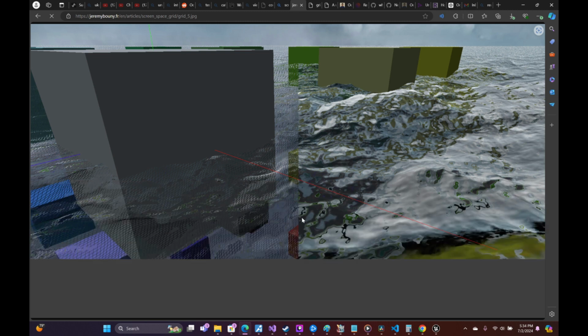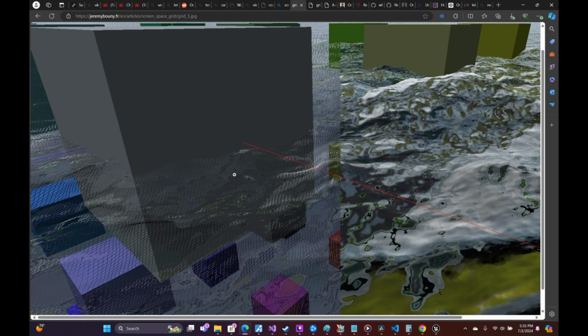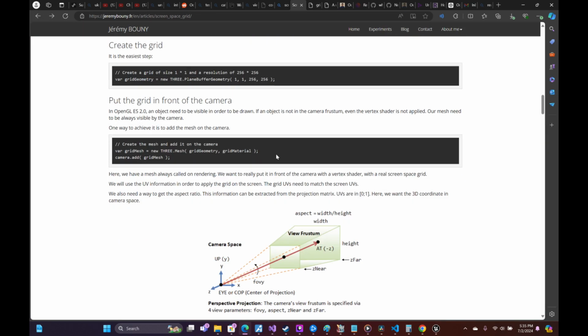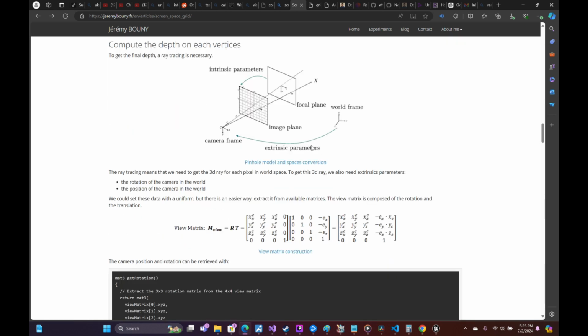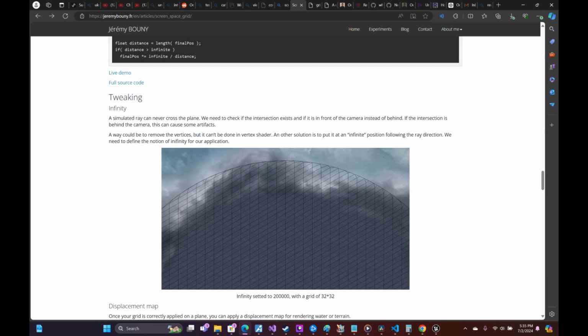This, on the other hand, is the screen space projected idea, which still gets the Gerstner wave modification, so you still get some variance, but the density at each point on the screen is uniform, even when it's far away or up close, because it's all coming from a screen space projected quad, basically. And there was a video I saw. Yeah, here we go. This is what it was talking about.